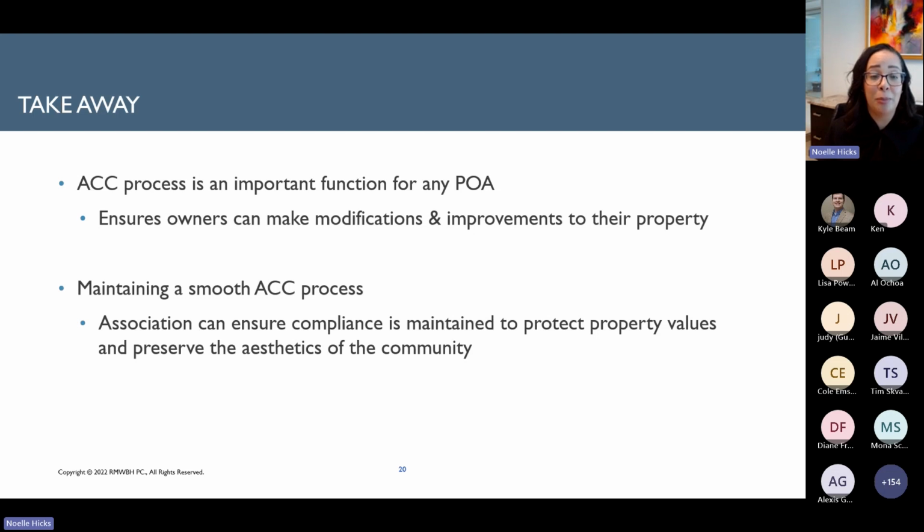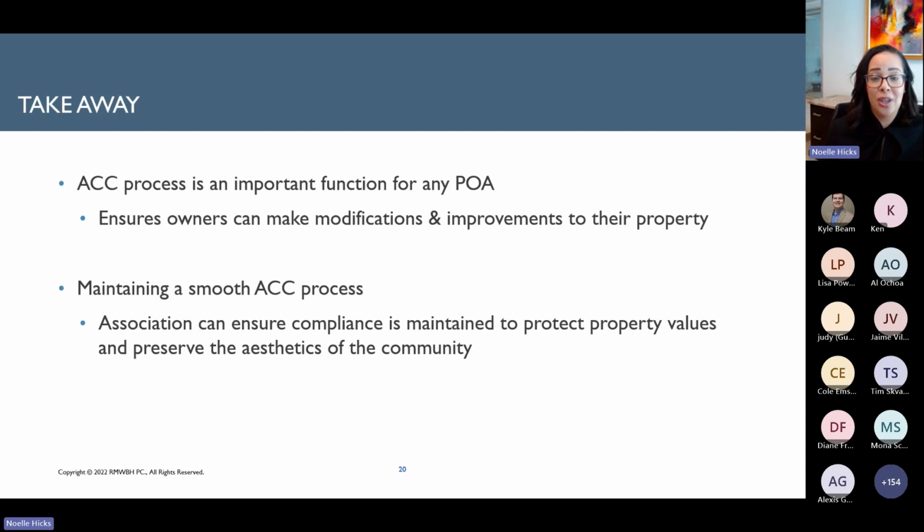Again, remember, the point is that we want to do things that are consistent and uniform, because it helps us to maintain those property values, which all homeowners and property owners associations are interested in doing. And while it's a very important process, we want to make sure that process runs as smoothly as possible.